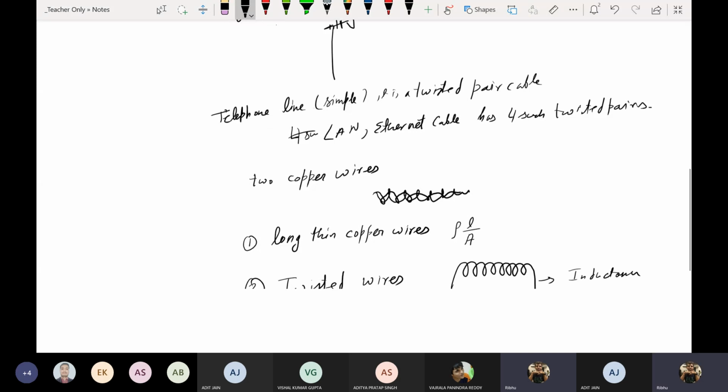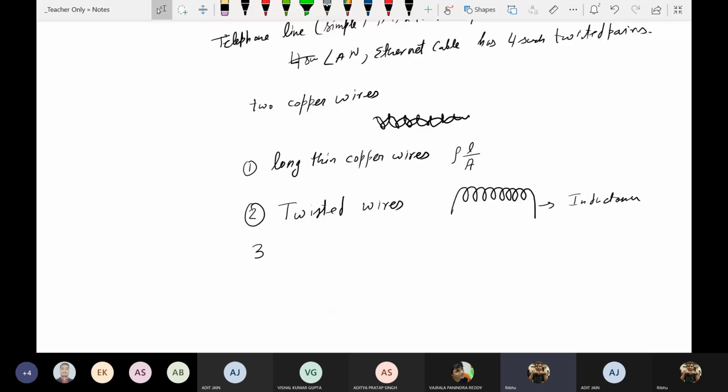And 3, a pair of wires separated by rubber, right? That's a pair of wires separated by rubber. You agree?